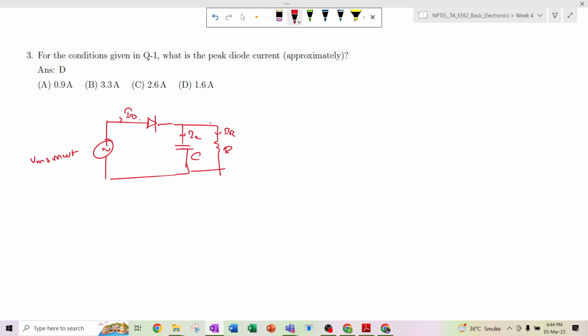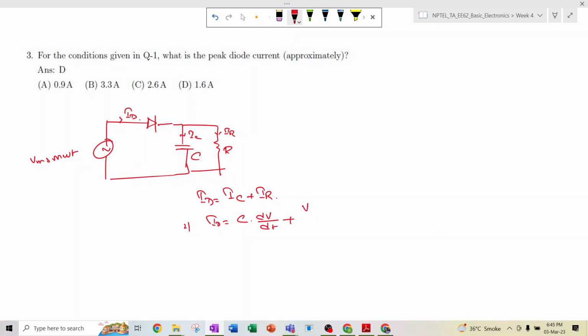So now what is the peak diode current? As I have already discussed, the diode current is nothing but the combination of IC plus IR. So this diode current is IC, the current flowing through the capacitor, which is nothing but C dV dt, plus the IR.